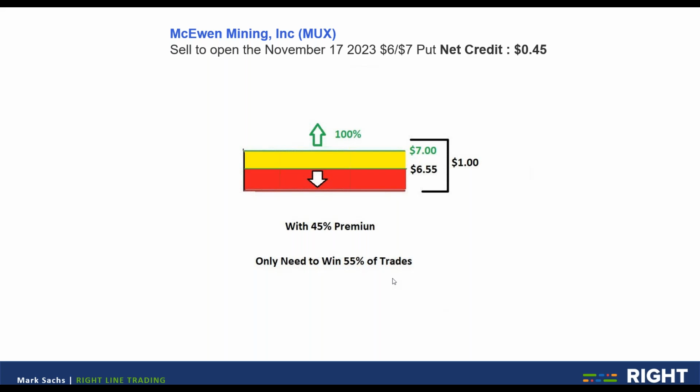Now, as I said, I took assignment. That is something you do not have to do. But once it falls below the lower edge of your vertical width, below the $6 put you bought, you have the potential for some trader out there to exercise his right to stick you with 100 shares for every spread that you created.